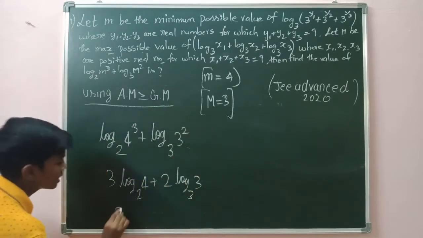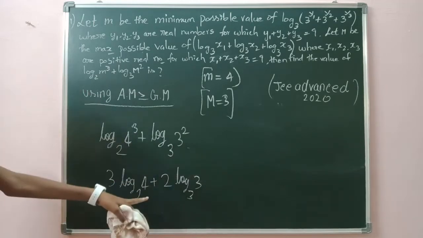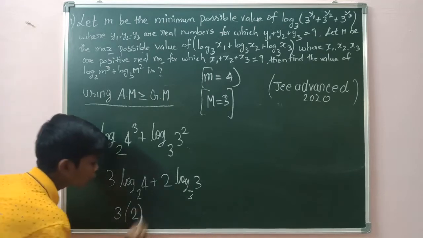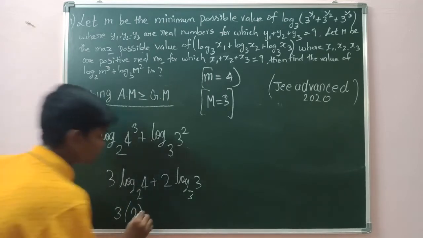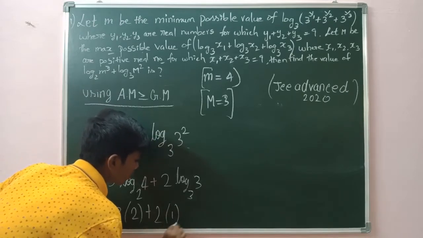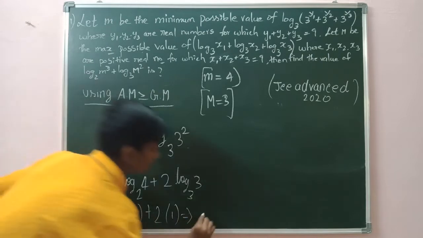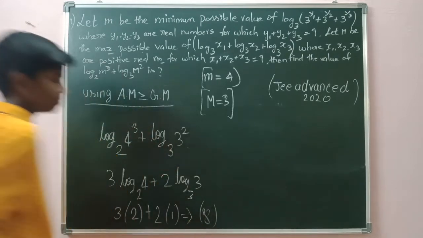Correct? So finally we get 3 into log to the base 2 of 4. 2 to the power something will give us 4, that something will be 2, because 2 square only will give us 4. So your power is 2, plus 2 into log to the base 3 of 3, which will be 1 only. So this will give us 3 into 2 is 6, so 6 plus 2 is 8, and that's the answer for the question.